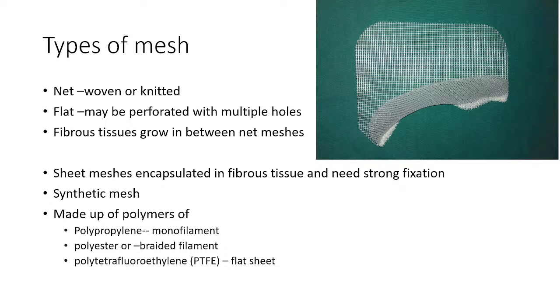As I said, most of the time we use the mesh that is in the form of a net, and there are pores within the mesh, and the fibrous tissue collagen grows within the mesh. So, the mesh is incorporated into the tissues, it is not simply lying over it, but the collagen fibers grow within those micropores.